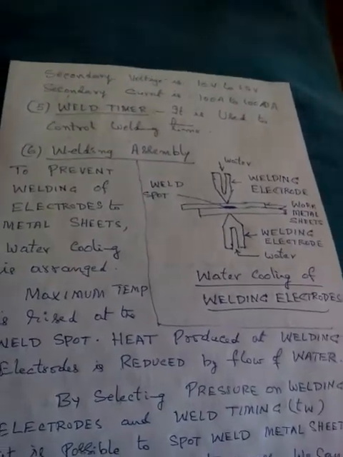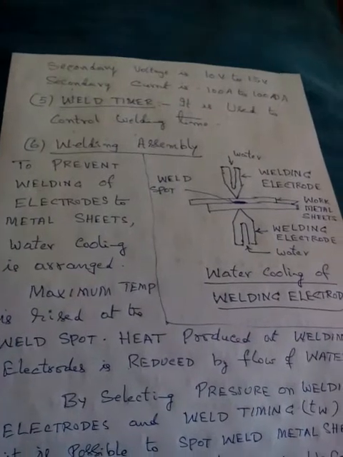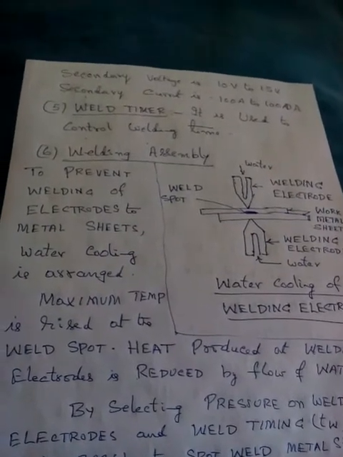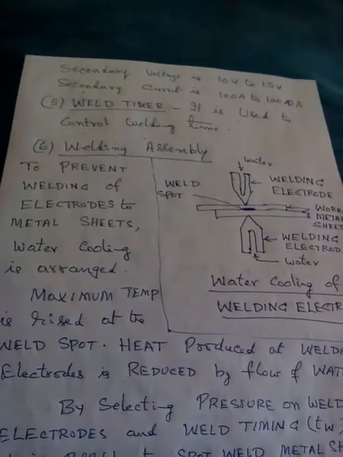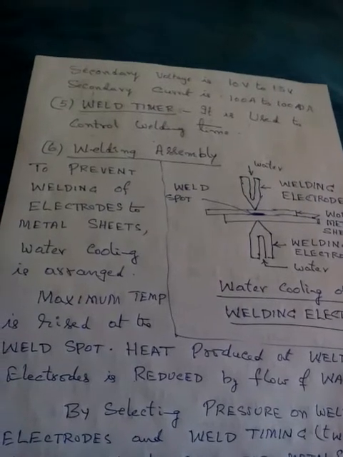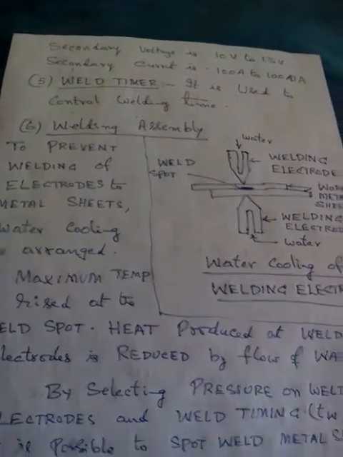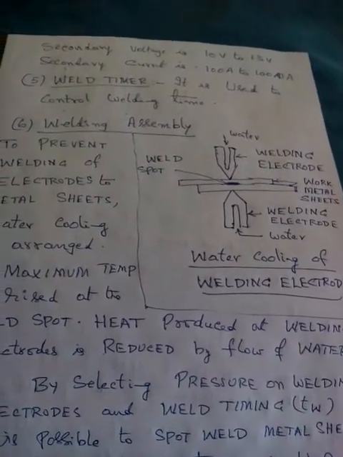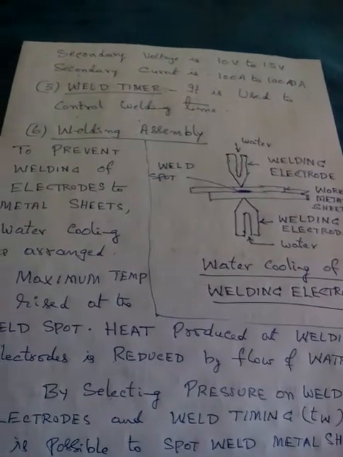So welding assembly, 6, is the main last one. We have again shown this welding assembly, water cooling of welding electrodes. You can note down this diagram.